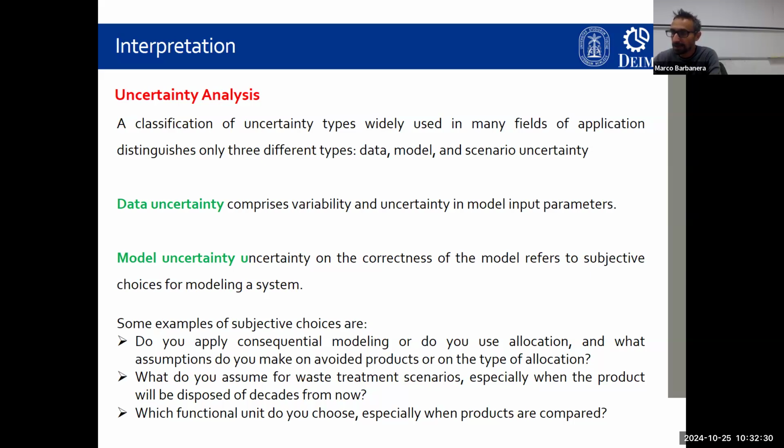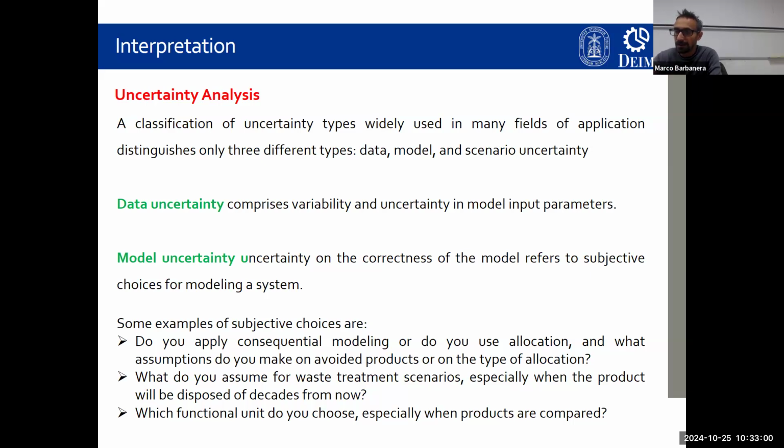In fact, we can have other kinds of uncertainty in an LCA study. For example, another kind of uncertainty is due to the hypotheses, to the choices in the scope and goal definition step of the LCA.